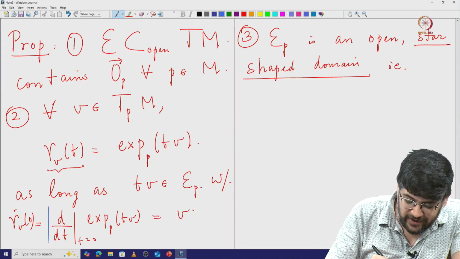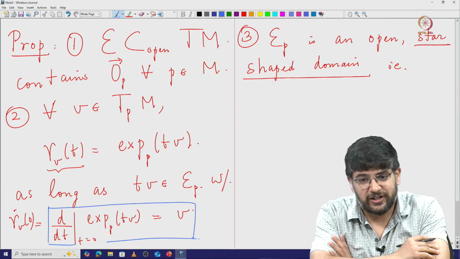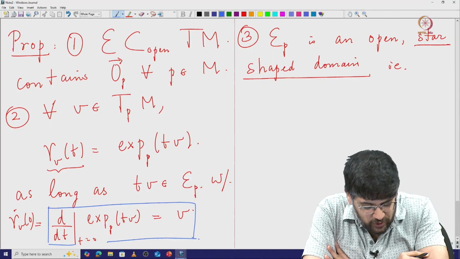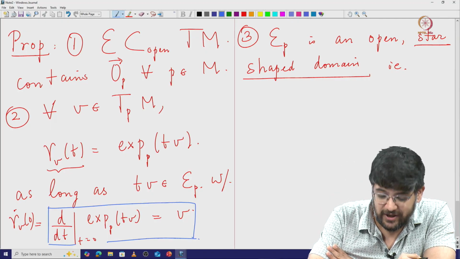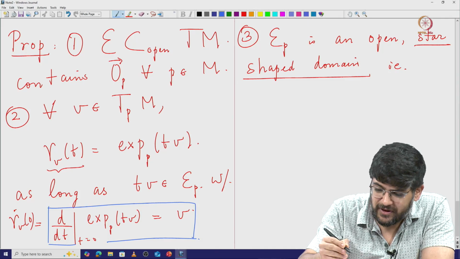So, we get this very useful formula, that if you take exponential of tv and compute the derivative at t equals 0, then you actually get back v, okay, right.